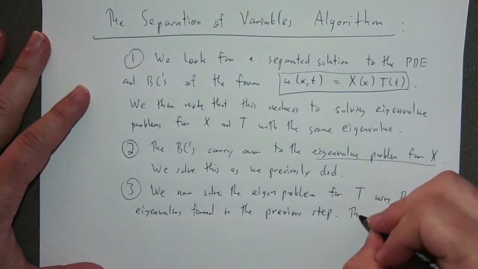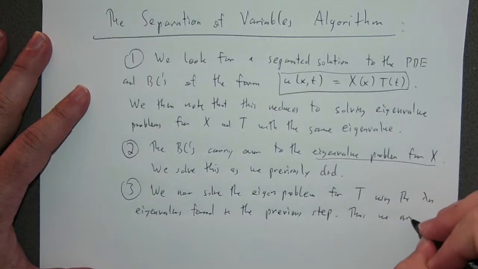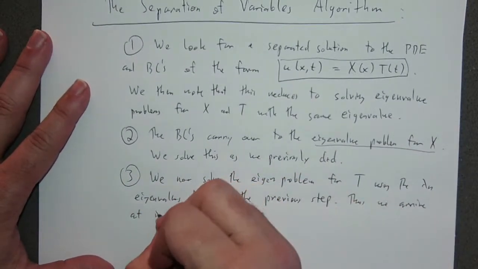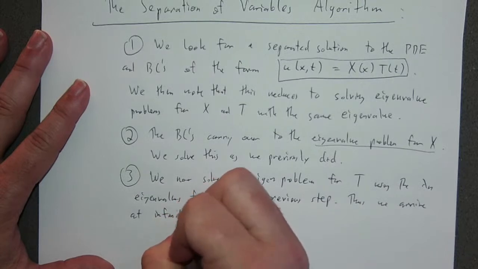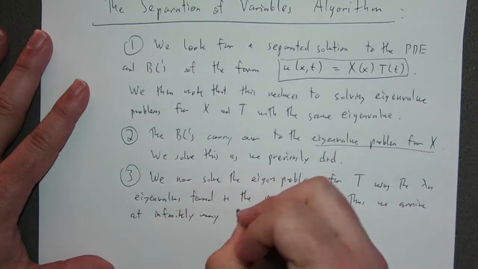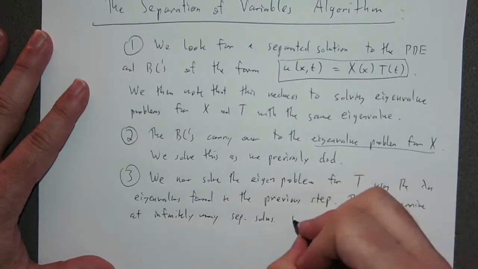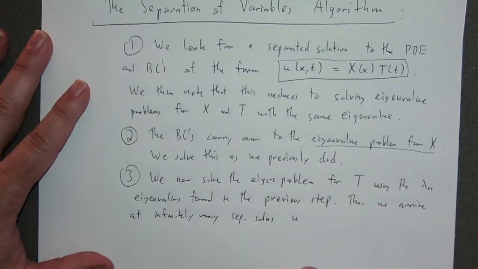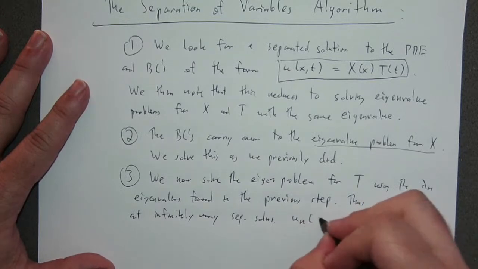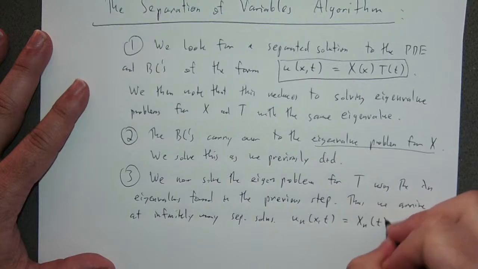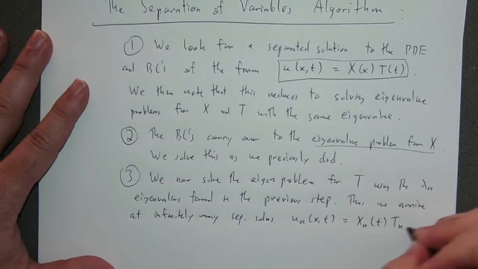Thus, we arrive at infinitely many separated solutions that look like this. We'll call them u sub n of x, t, a product of the corresponding eigenfunctions.